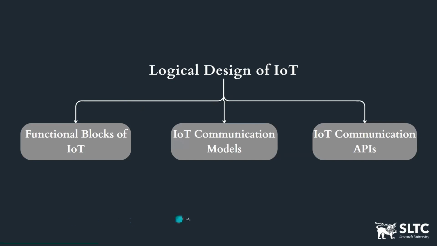So functional blocks of IoT can be considered, and IoT communication models can be considered, and IoT communication APIs can be considered. So these methods can be considered and applied in our logical design of IoT.